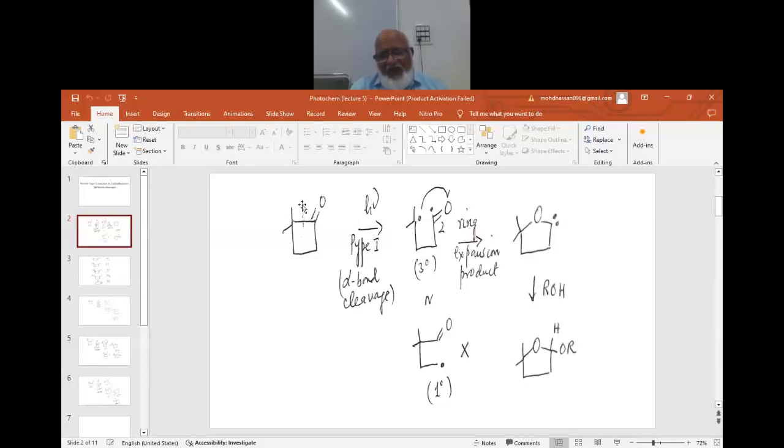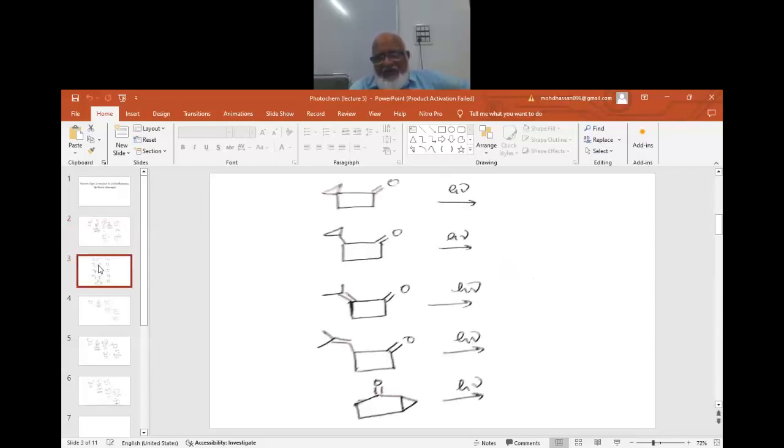It will undergo preferential alpha bond cleavage to give the more stable carbon-centered radical, since this is a tertiary radical. If we cleave the other, it is going to give a primary radical, so this will not form. This will form and lead to ring expansion product and decarbonylation product and so on and so forth.